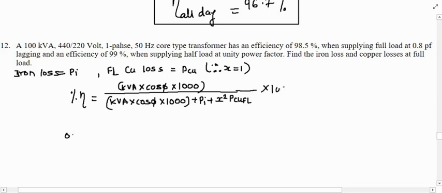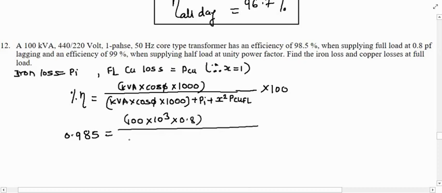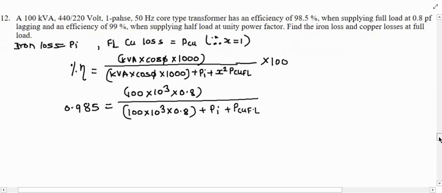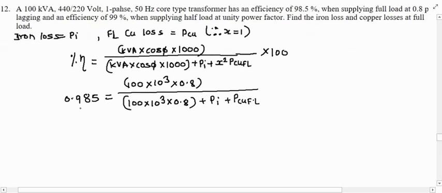I will write this as 0.985 equals, what is the kVA? 100 into 1000, means 10 raised to 3, and the power factor is 0.8, divided by 100 into 10 raised to 3 into 0.8 plus Pi plus PCU full load. Into 100 I will not write because I have converted it by dividing by 100. So this is your equation number 1.